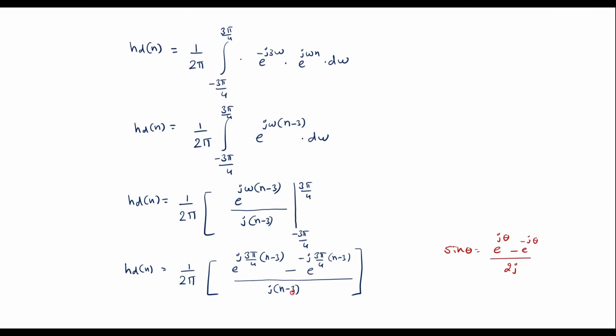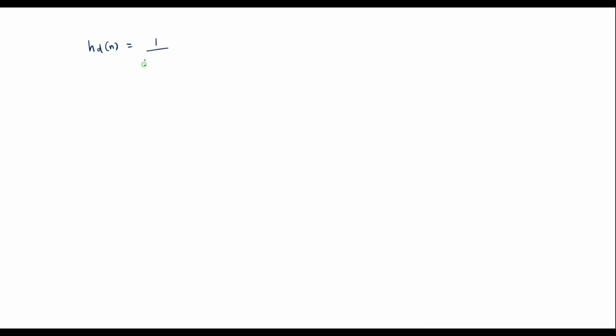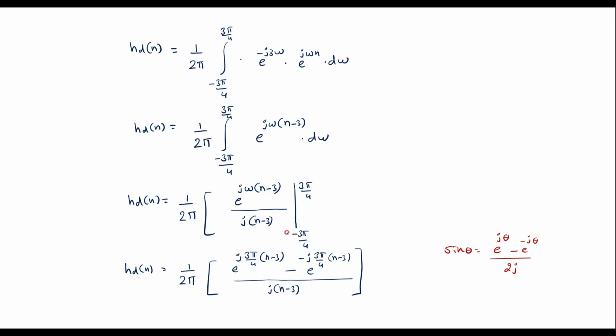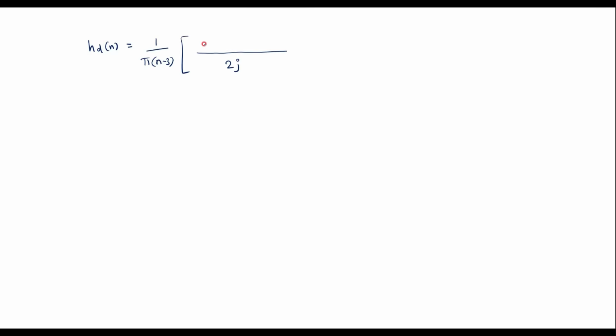I will take this (n-3) out of the bracket, and inside the bracket I will take the 2 inside, so the denominator will be 2j, and the remaining terms I will write as they are: e^{j3π/4(n-3)} minus e^{-j3π/4(n-3)}.